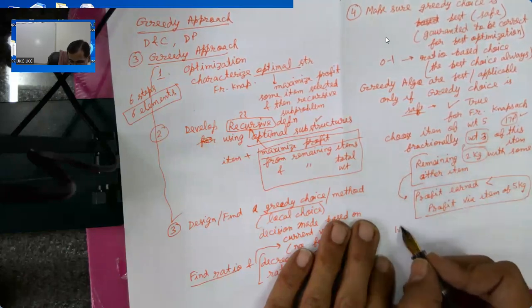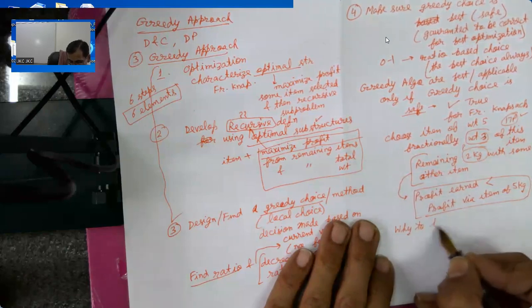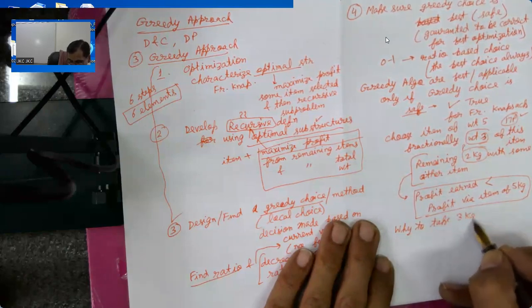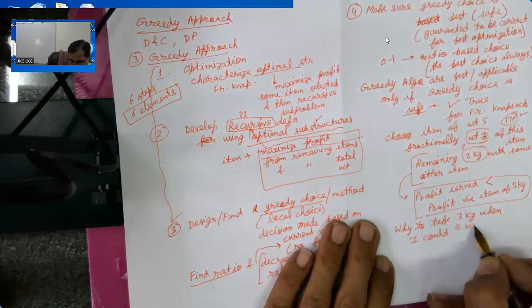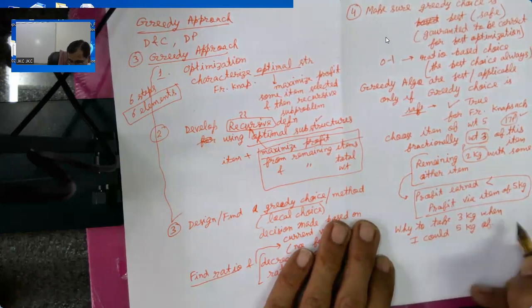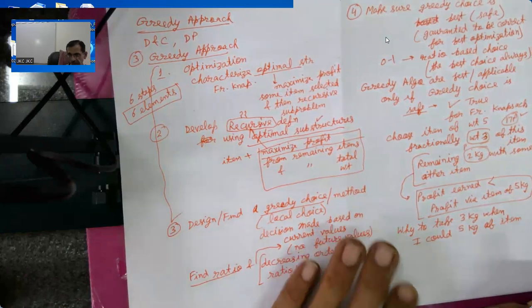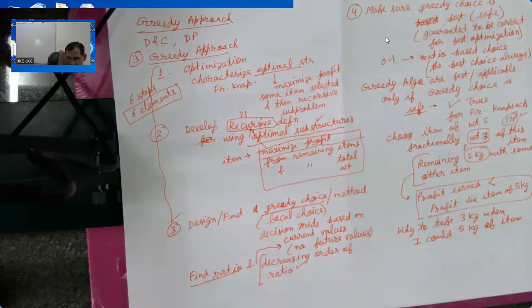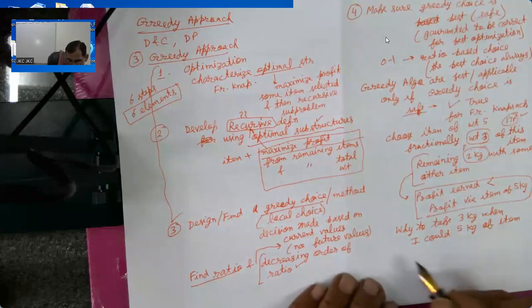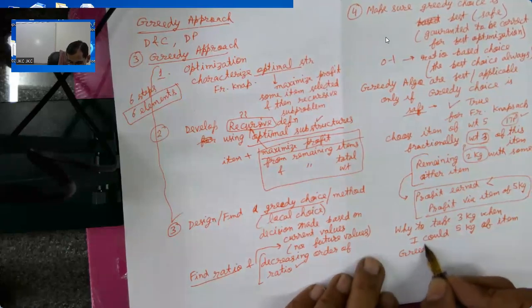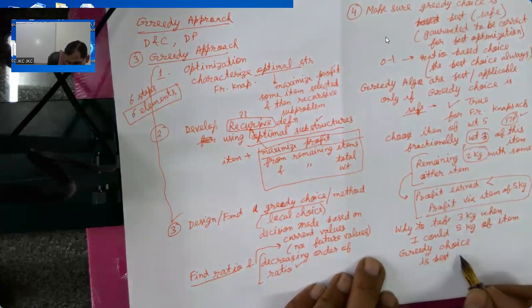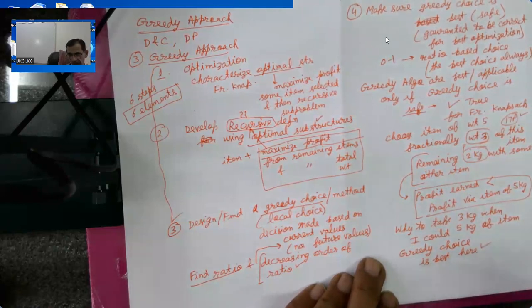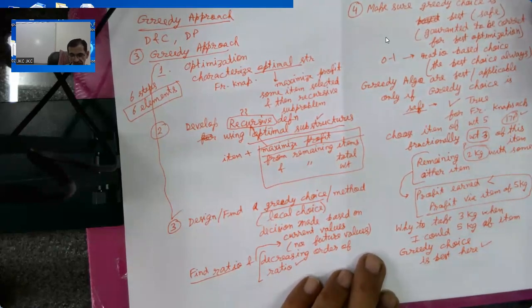Why take 3 kg when I could take 5 kg of that item? So I can guaranteedly take the same item fully, and the profit which I can earn with the same weight will definitely be lesser for the other items. So I say my greedy choice is really best here. And once I know this step, then I can guaranteedly claim that I am going in the right direction.